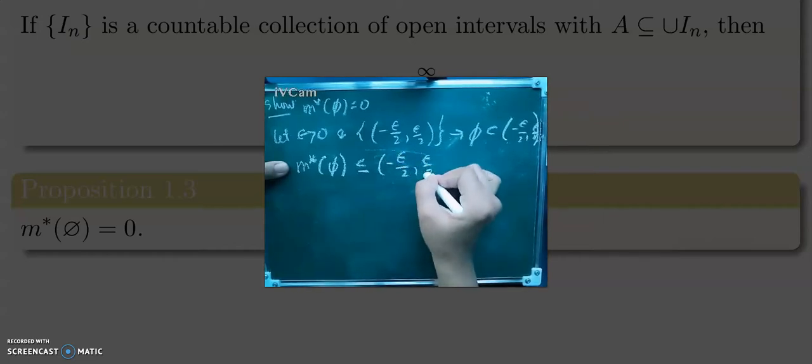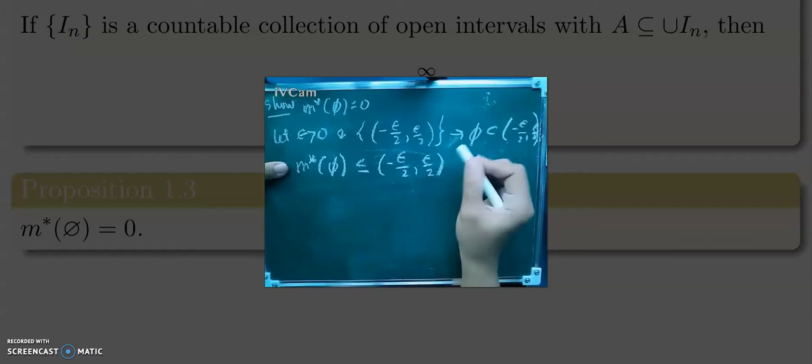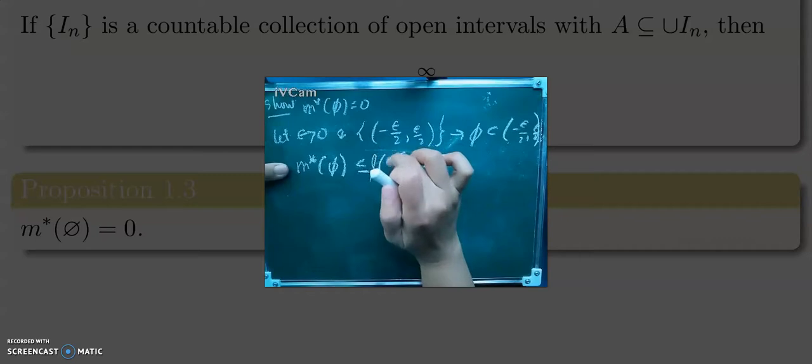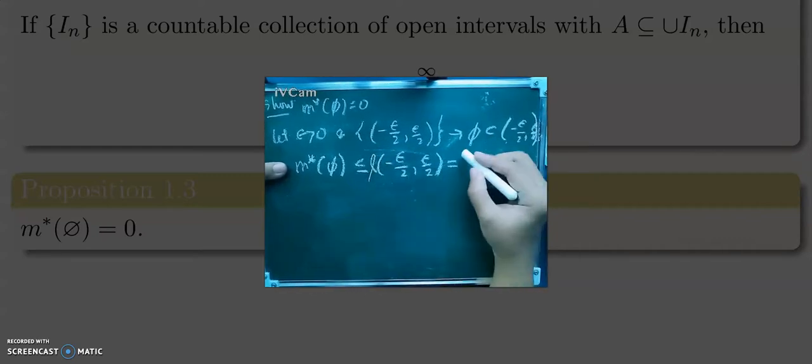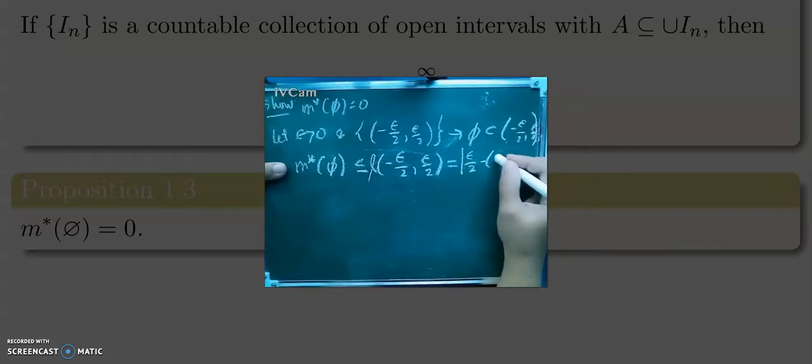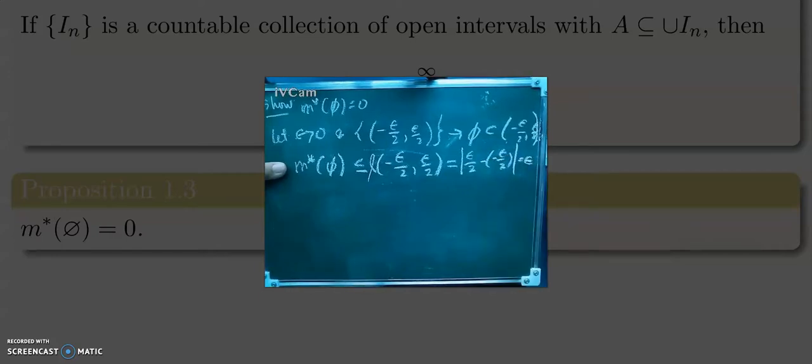The length of this is, of course, the absolute value of epsilon over 2 minus negative epsilon over 2. This is 2 epsilon over 2, which is equal to epsilon.